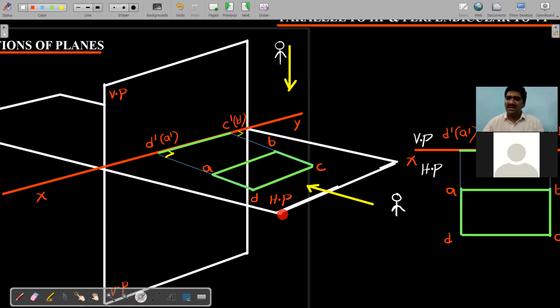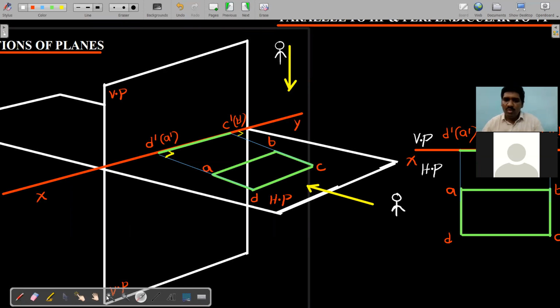Yes. Therefore this is the projection of a rectangle such that the shortest sides are parallel to HP and perpendicular to the vertical plane. Or we can say the longest sides are perfectly parallel to what? XY line, or parallel to both HP and VP, we can say.